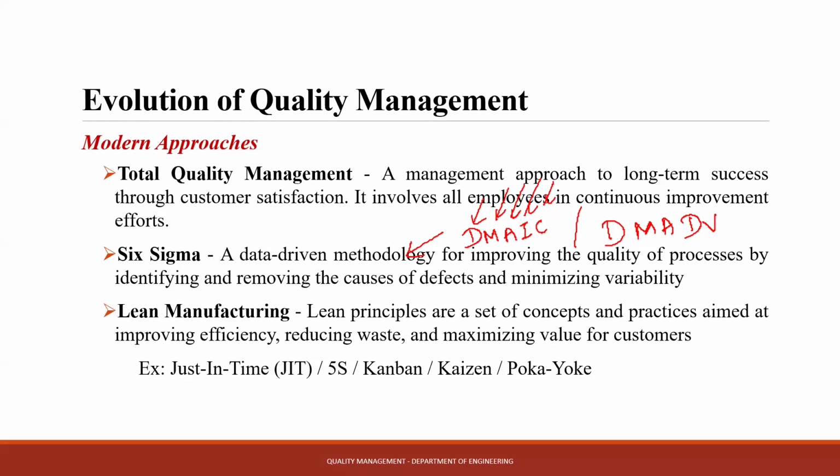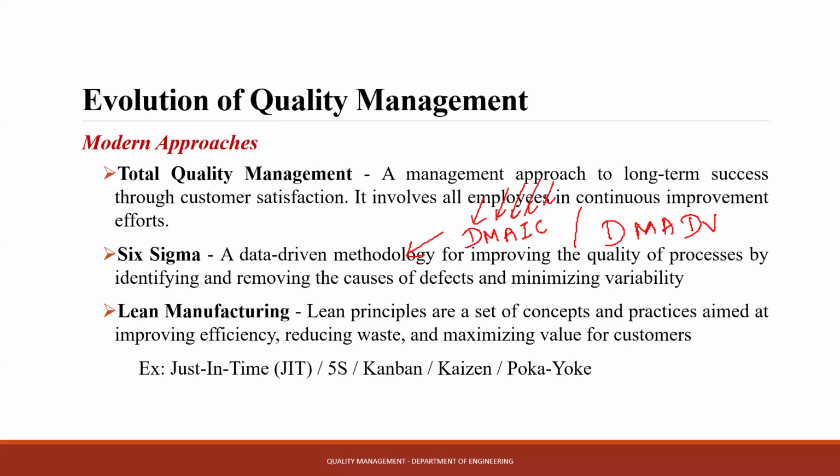Other than that, we have lean manufacturing. It is a little different from Six Sigma. Under Six Sigma, we are trying to minimize the variability or the defects.